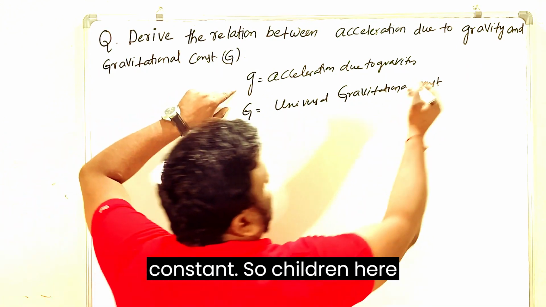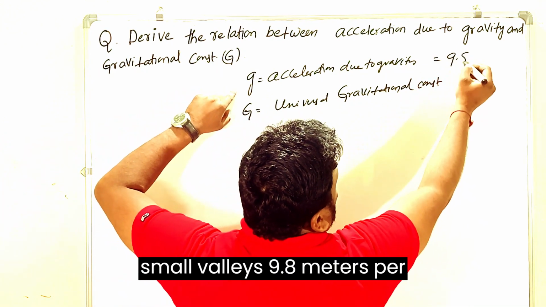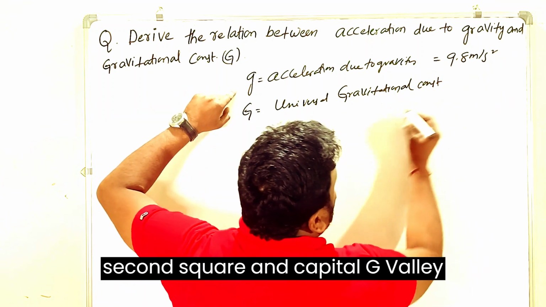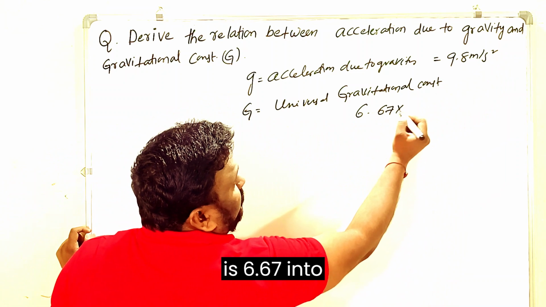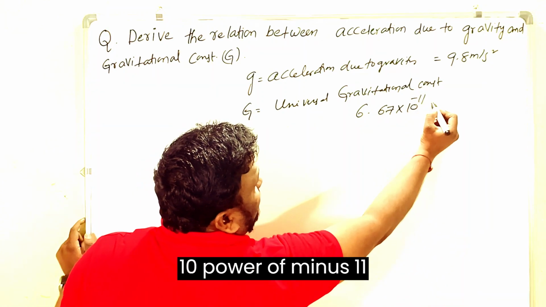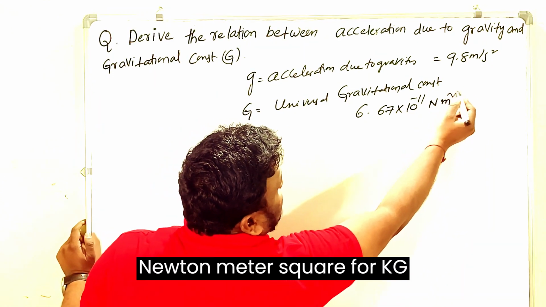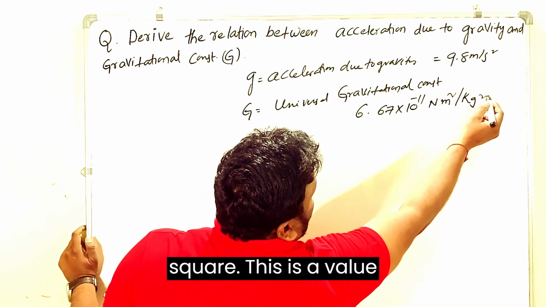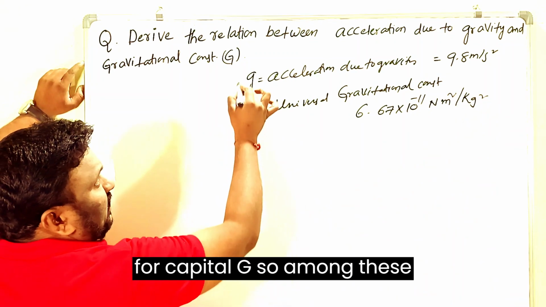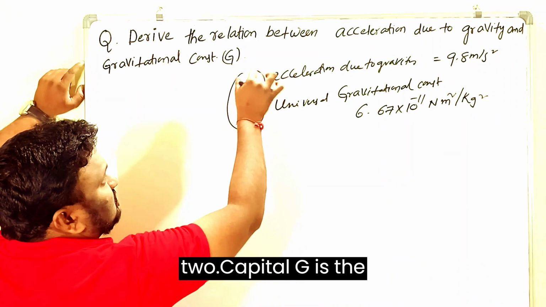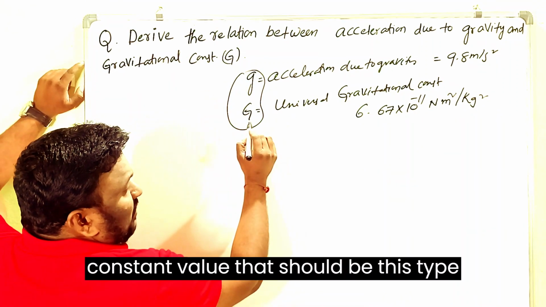So children, here small g value is 9.8 meter per second square and capital G value is 6.67 into 10 power of minus 11 Newton meter square per kg square. This is the value for capital G. So among these two, capital G is the constant value.